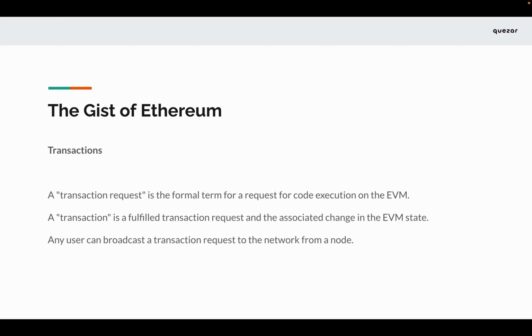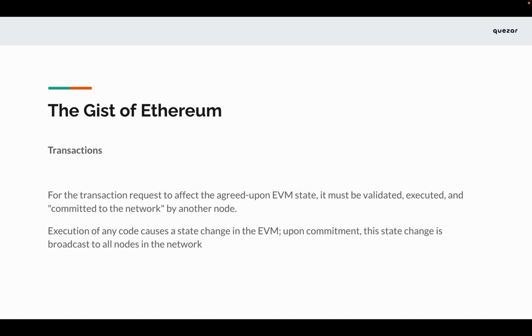Then we have transactions. A transaction request is the formal term for whenever you ask a smart contract to do some kind of code execution, again, like swapping tokens on Uniswap. Once that change is carried out successfully and is committed to the blockchain, it becomes a transaction. So, as a user, you can broadcast a transaction request to the network from any node.